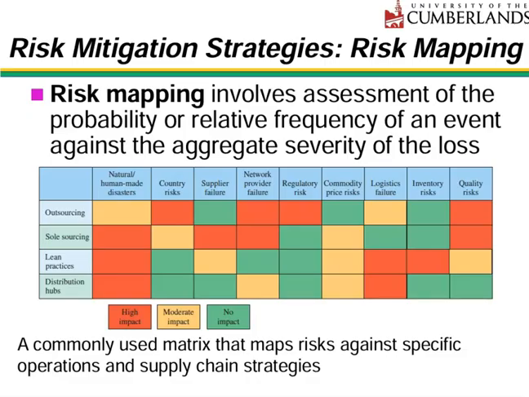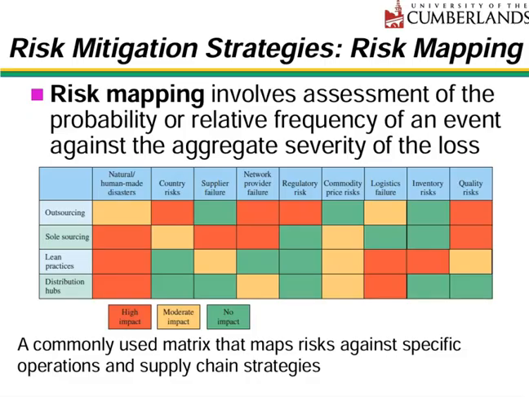So the colors indicate impact level, red for high impact, orange for moderate impact, and green for no significant impact. Look at the pattern that emerges here. Outsourcing shows high impact from supplier failure and logistics failure, which makes sense because when you outsource, you're dependent on external parties.